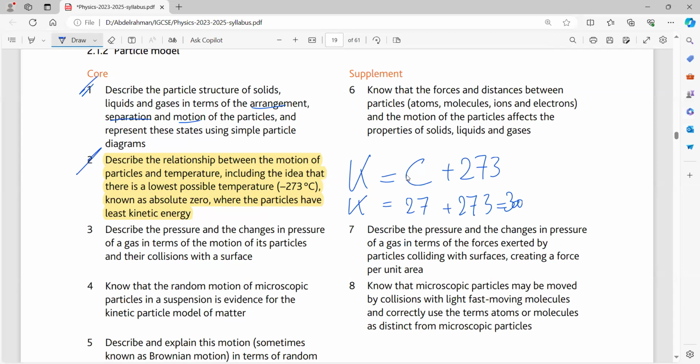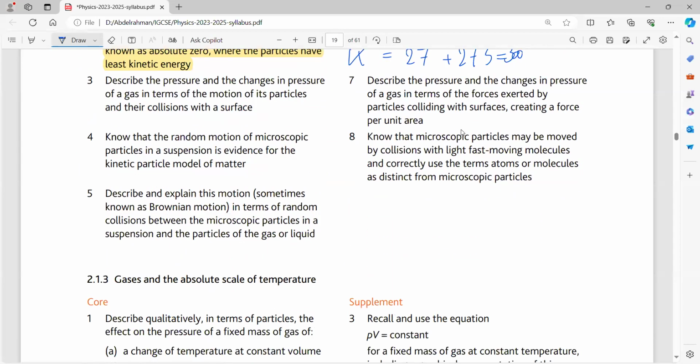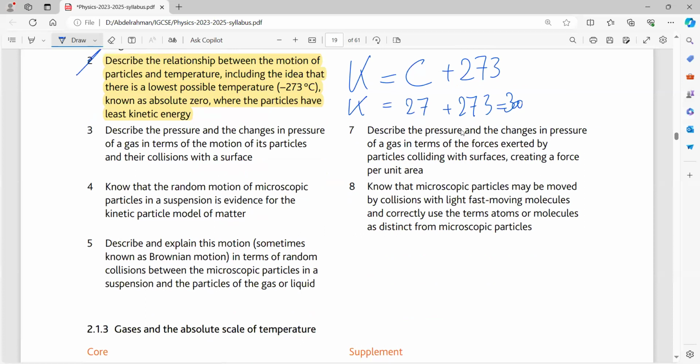What if we wanted to find the temperature in Celsius while he was giving me the temperature in Kelvin? If he gave me the temperature in Kelvin, I'll just flip the equation. So Celsius equals Kelvin minus 273.